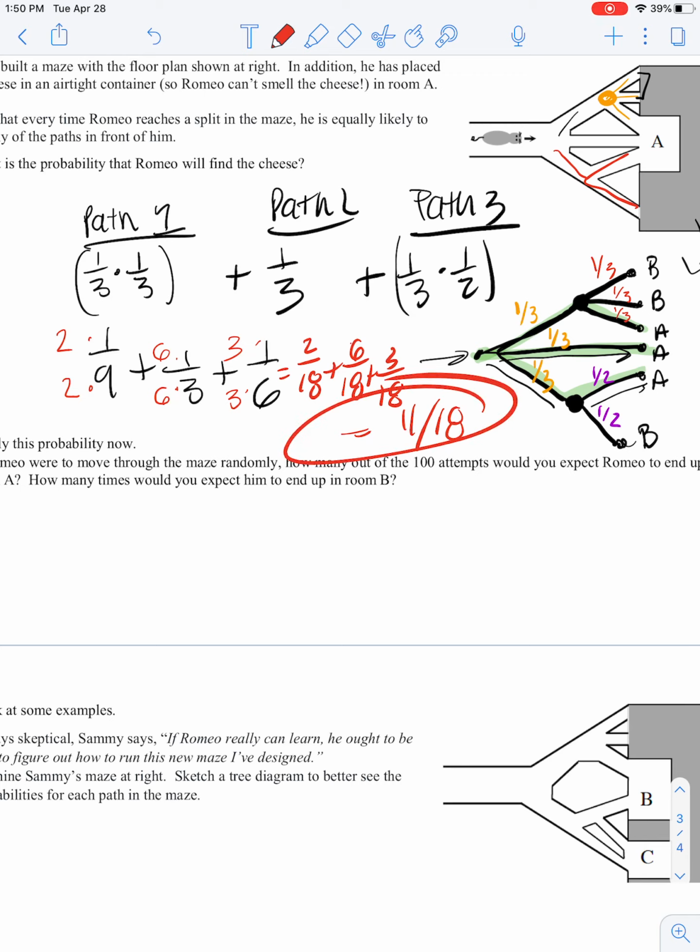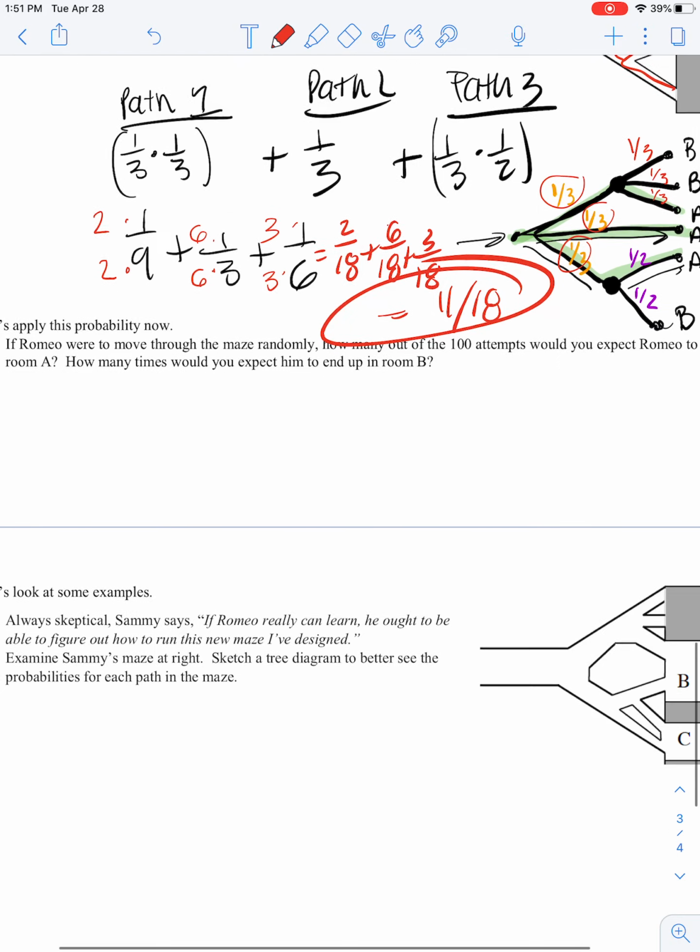The probability of Romeo getting to room A with the cheese is 11 over 18. So again, with tree diagrams, on each branch you label the probability of getting to that outcome, and to go through a tree diagram you multiply the probabilities together for different events.